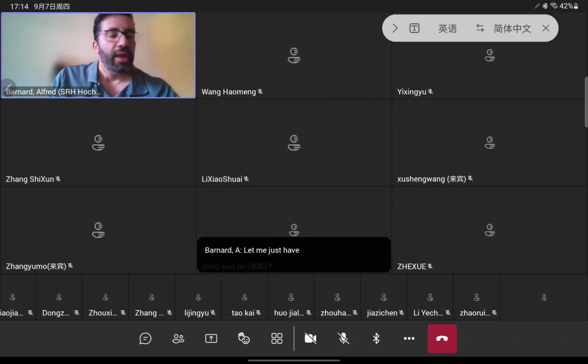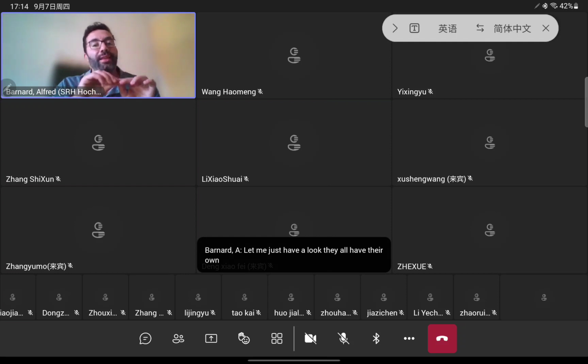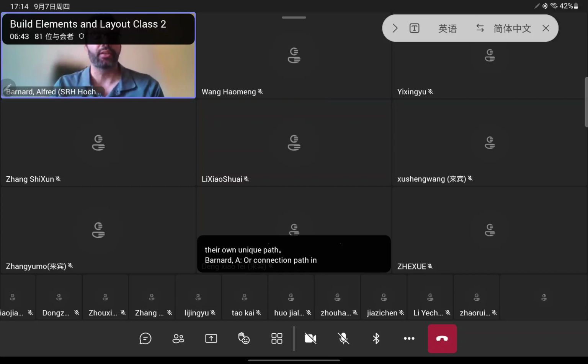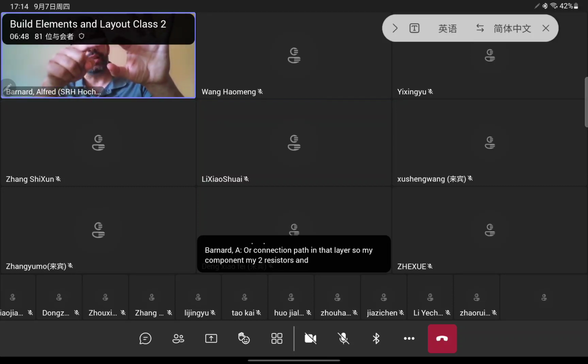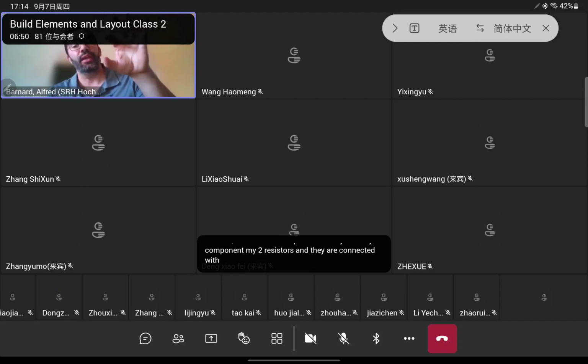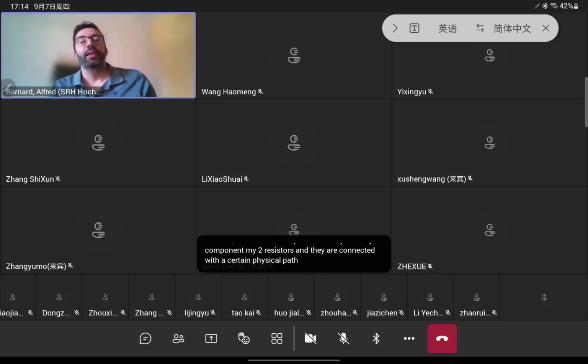They all have their own unique path or connection path in that layer. So I have my component, my 2 resistors, and they are connected with a certain physical path.